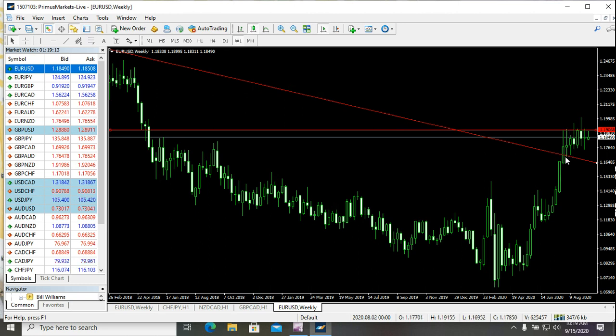That is, if you are saying that this trend line has been broken and it is currently consolidating, then what it means is that this must come back, touch this trend line and go back up, and once it goes back up, it must break this level. Once it breaks this level, then it means the up move continues.